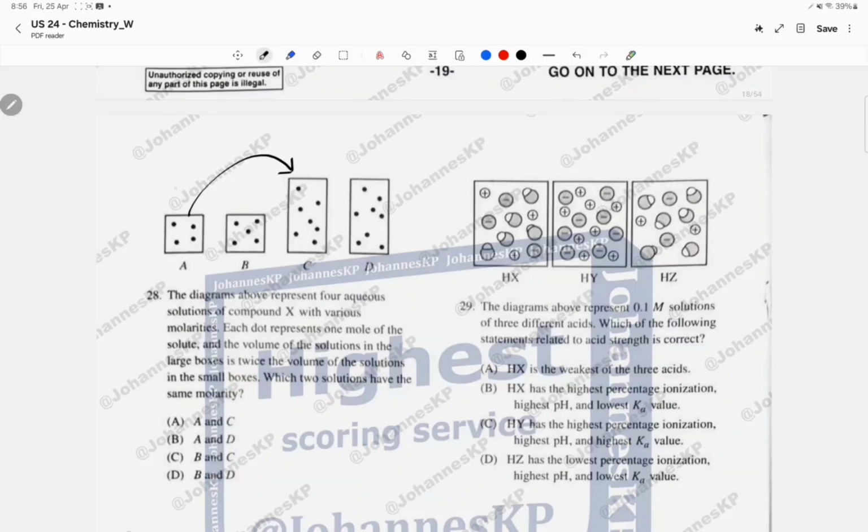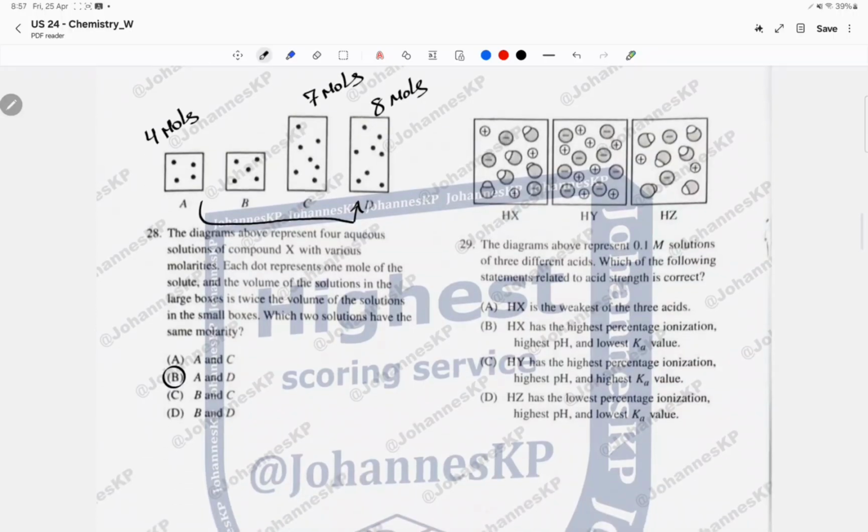No, we are not, because in A we have 4 moles, but in C we have 7 moles. So it's not the case. But then if we look at D, 1, 2, 3, 4, 5, 6, 7, 8. So from A to D, we double the moles. We also doubled the volume of the container. That means the molarity stays the same. Okay, so it's choice B.